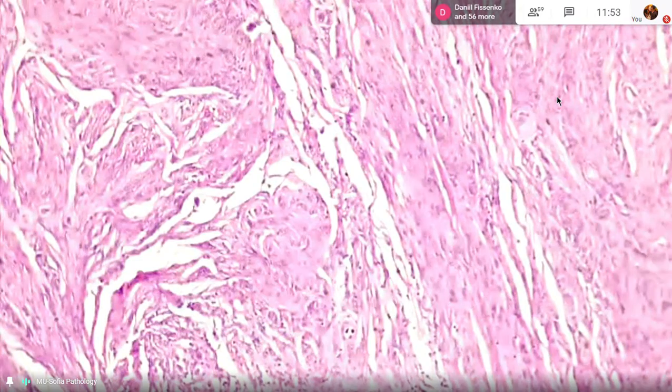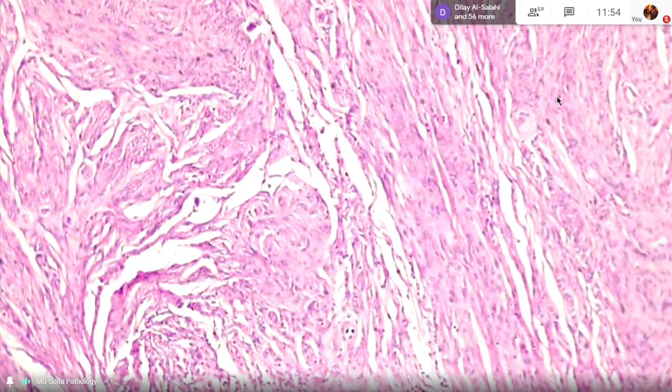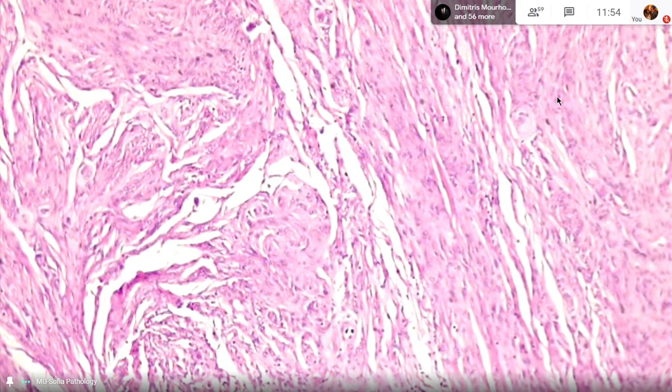We can count the mitoses. We should count mitoses if there is more diversity in the form and in the nuclei of the cells. But if there is obvious polymorphism, then we should suspect that this is atypical, or more properly, anaplastic meningioma.